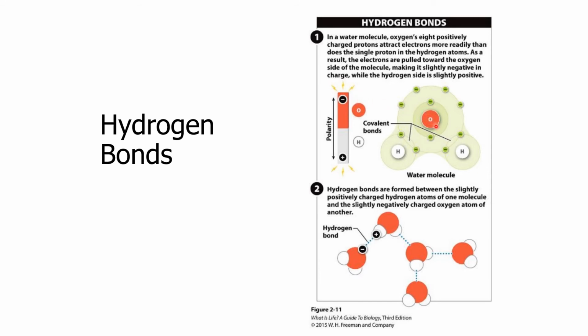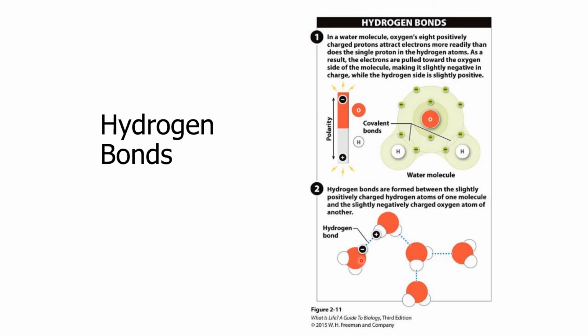but oxygen is going to end up with a slightly negative charge, and hydrogen is going to end up with a slightly positive charge. So let's say this is one water molecule right here, and this is another water molecule. Can those 2 water molecules actually bind to one another? Yes, they're going to bind to one another via what we call a hydrogen bond.